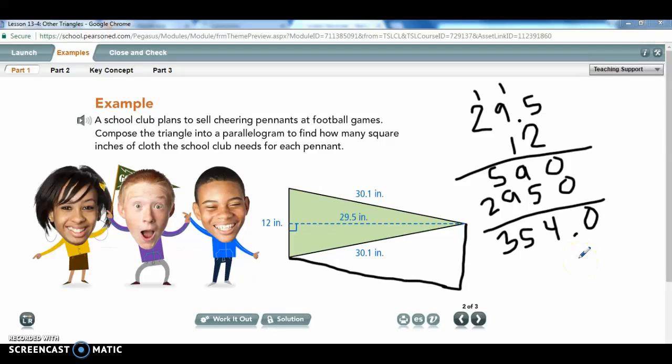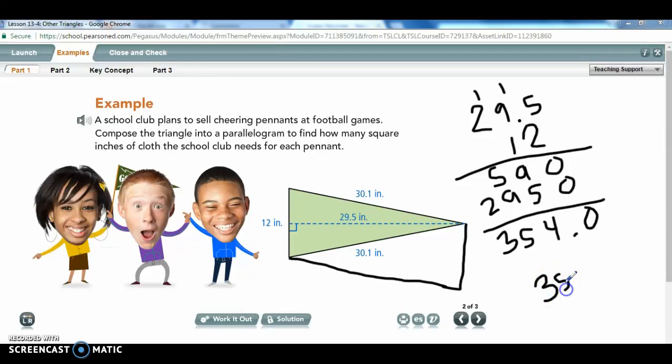However, this is not the final answer. Because you added this additional part and you don't actually need it, you just composed a parallelogram, you would still have to do one more step in order to find just the area of this triangle. So we are going to take this number and divide it by 2.